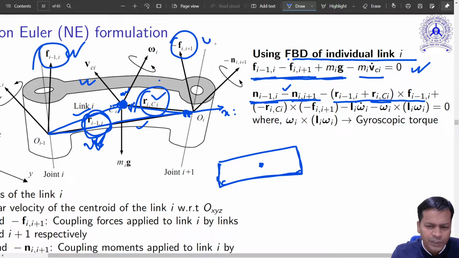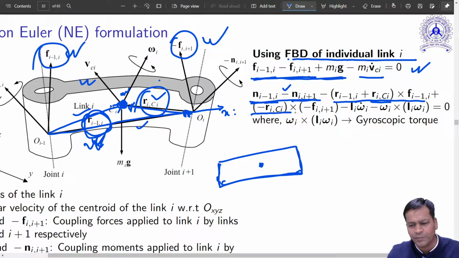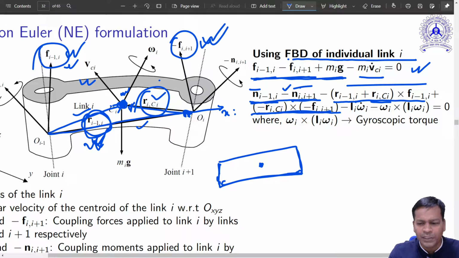So because of this force, what is the moment that is acting here is effectively this much. So these two are the moments at the center of gravity location, CG location, because of two external forces. So due to external forces, these are the external moments that are acting on it.